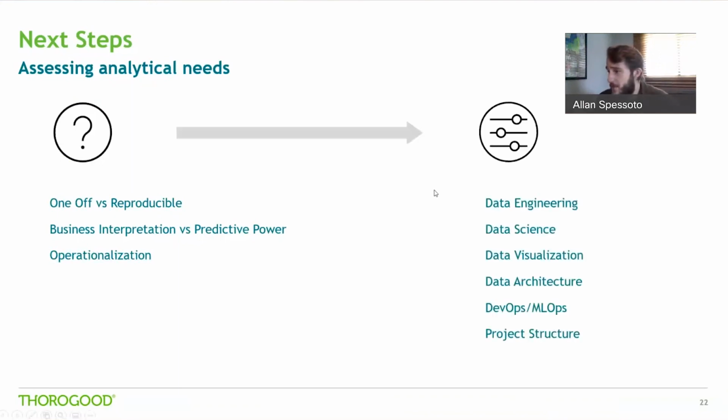And the answer to these questions will help you determine how much data engineering you need, how complex in terms of data science and statistics you may need to get, whether there's any data visualization needs associated with everything, how it all fits with your architecture, or whether you need to adapt your architecture somehow. Also, how much you want to invest in adopting these DevOps and MLOps frameworks. And with all of these considerations, you can think about different project structures or ways to shape initiatives around experimentation in your department or in your organization.